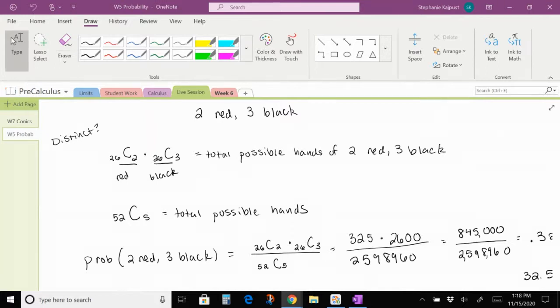It's going to take me a little bit to open it up. Complementary probability, I can definitely find an example of that.